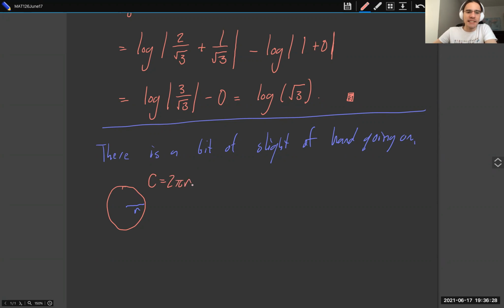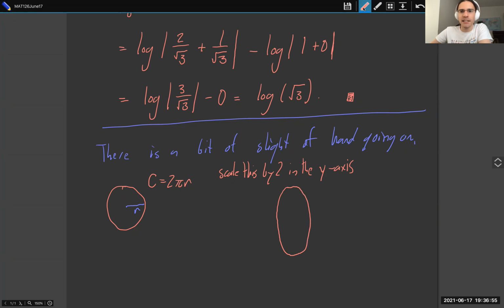Okay, now let's say I scale this by a factor of 2 in one axis. And this is happening in the y-axis. And so I get an ellipse. And the axes of this ellipse are r and 2r.